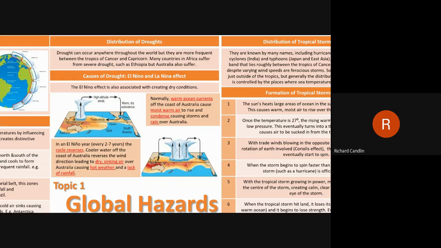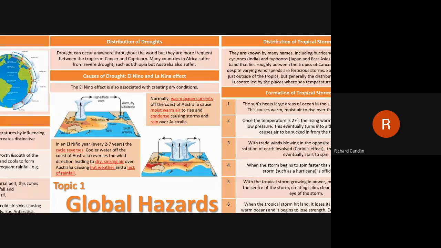Right. So as we can see, we get hotter weather here, okay, which obviously causes lots of drought in Australia, Indonesia, and here. But then we get more evaporation. So as the moisture in the air rises up, it will then begin to fall down, all right, and we get more rainfall in here.